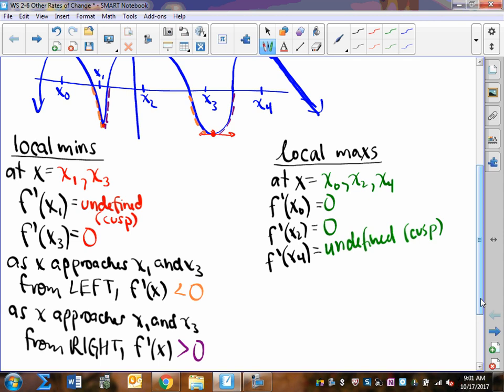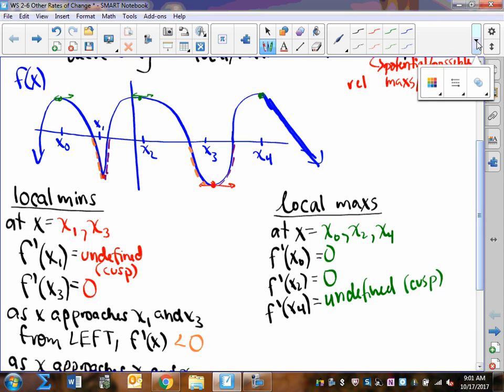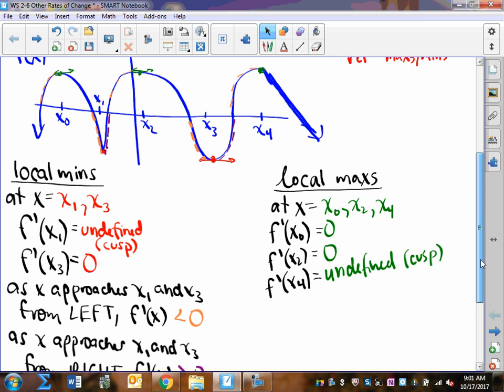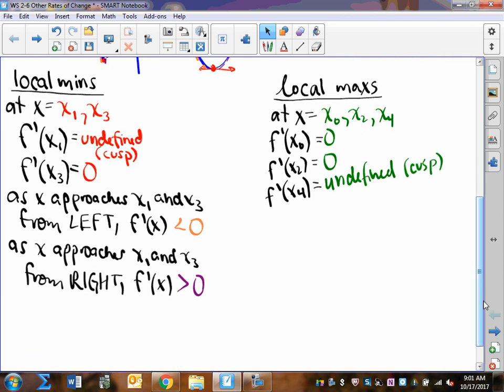How do you think this is going to change for maxes? It's going to flip-flop. So if we take a look at our maxes, coming from the left, positives, positives, still positive slopes, right? So if we do the same thing with my maximums, it flip-flops. So let's write that.